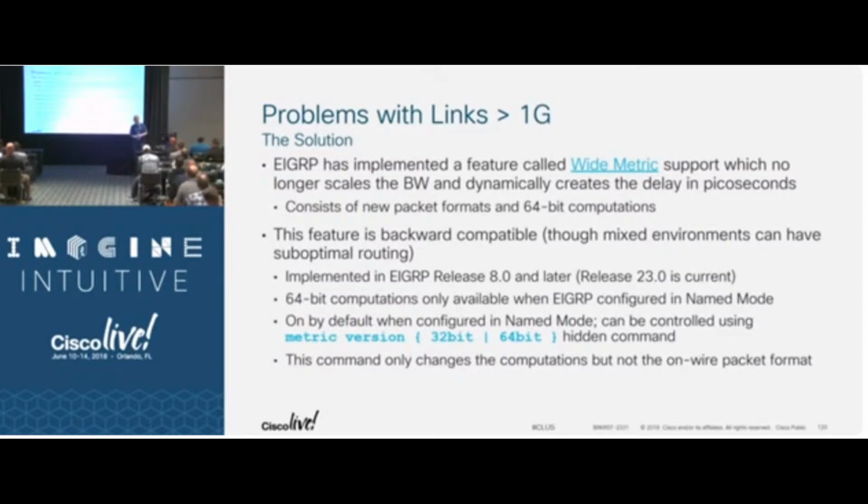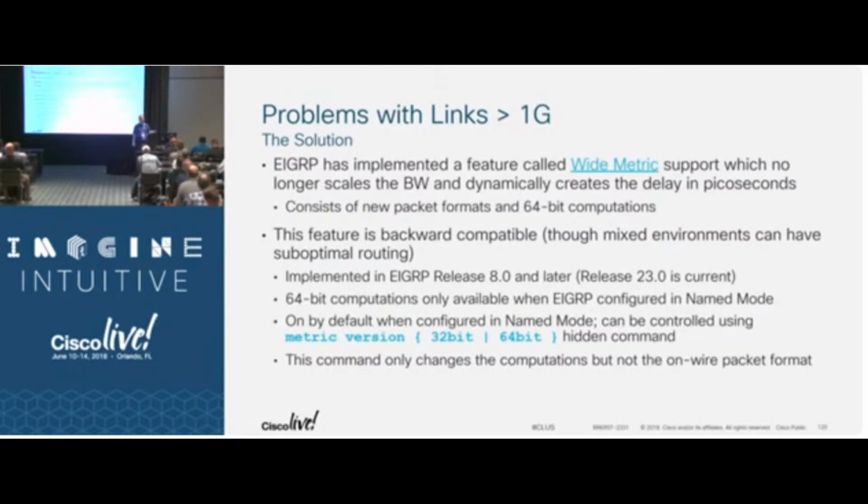They have been around for quite some time. The idea is that we stopped scaling the bandwidth and made them essentially 64-bit computations, allowing us to differentiate both bandwidth and delay in a much more scalable and granular way. If you want to know whether you are running EIGRP with these wide metrics, check the output of show eigrp plugins.